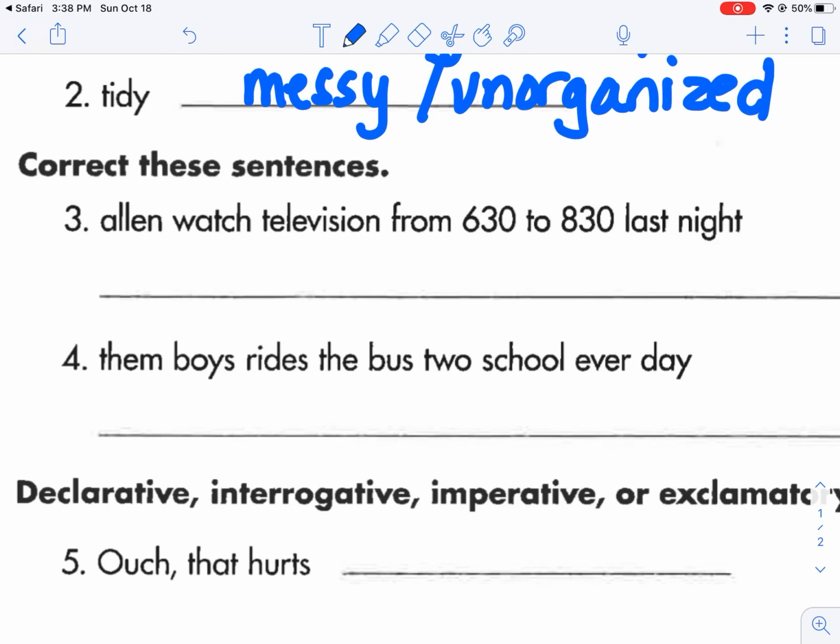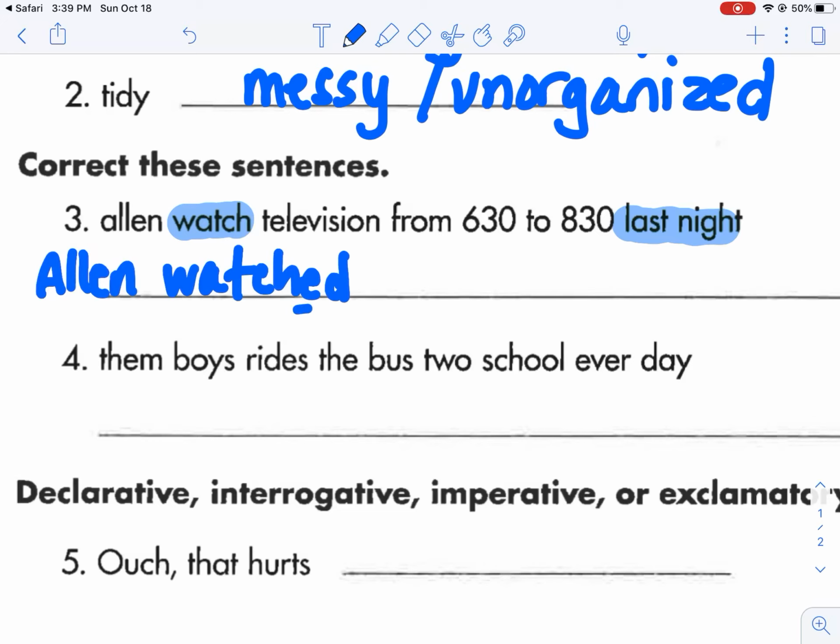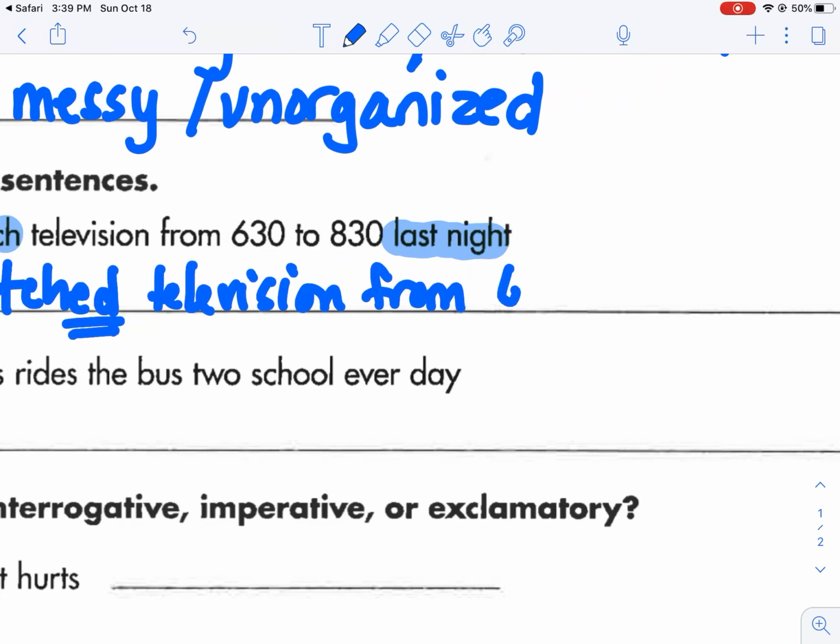First one reads, Alan, that's someone's name, Alan watched television from 6:30 to 8:30 last night. Well, as soon as I see this time phrase, last night, I know my verb, watch, has to be in the past. So after I capitalize the name here, the subject of the sentence, Alan, I am going to change watch to watched. Alan watched television from 6:30.